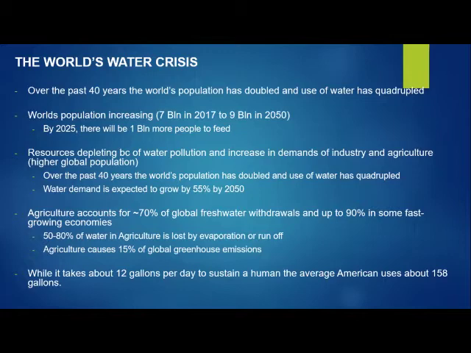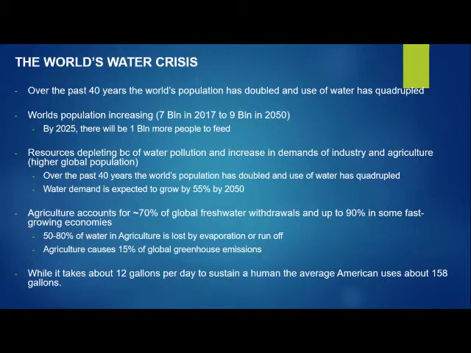By the year 2025, it is expected that the world population will go to 9 billion. And by the year 2050, it is expected to go all the way up to 9.8 billion. And it's important to remember that 2/3 of the world population will be living in cities.